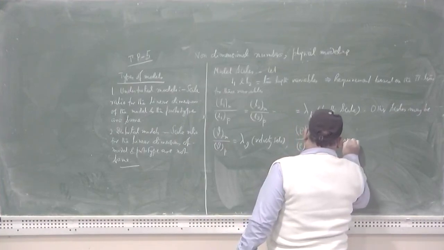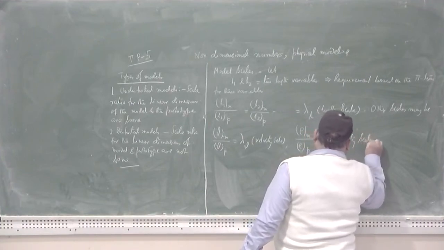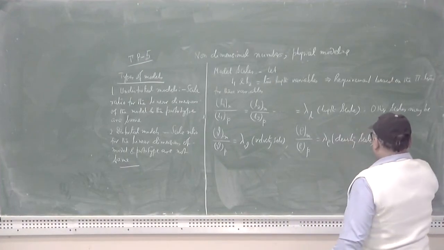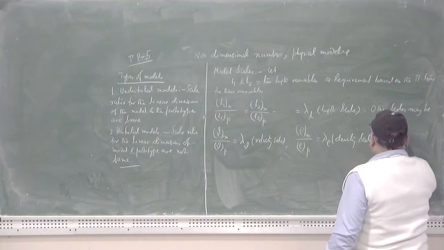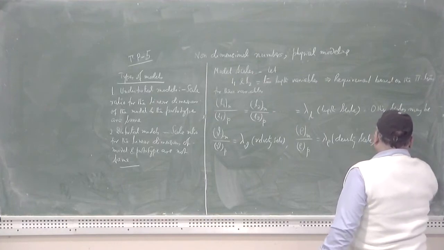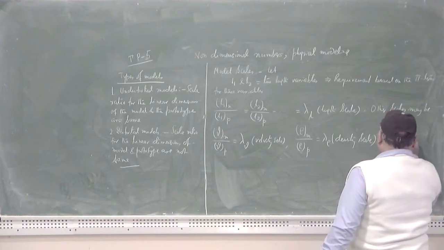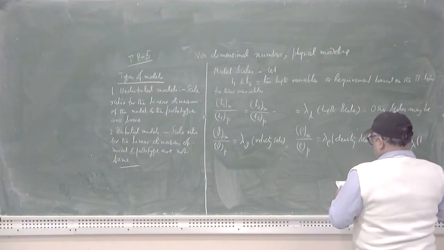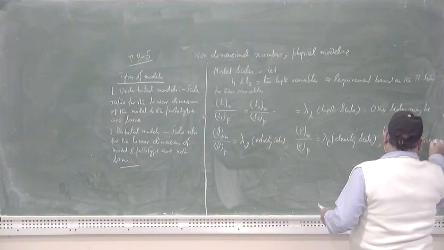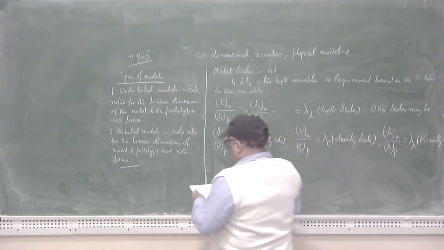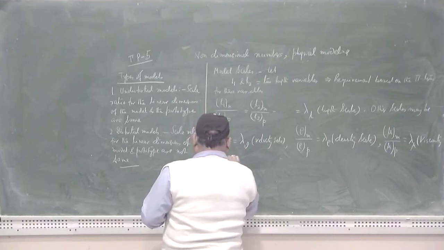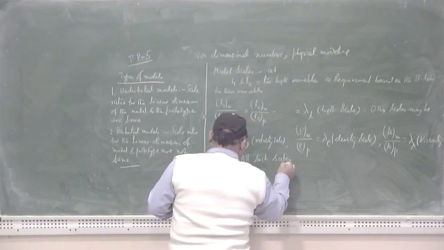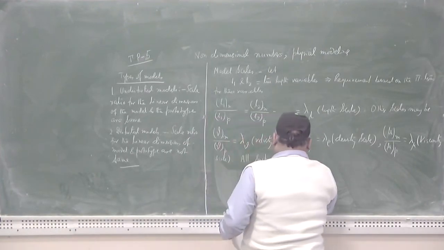This is called the density scale. Kinematic viscosity of the fluid in the model divided by kinematic viscosity of the fluid in the prototype is called lambda mu. This is called the viscosity scale. All such scales need to be defined.